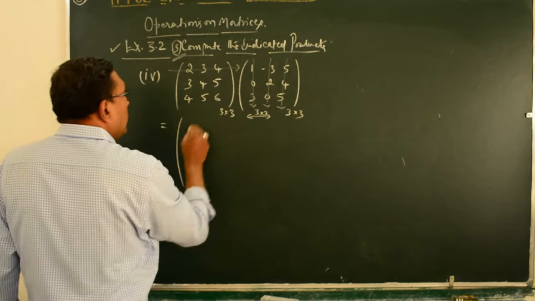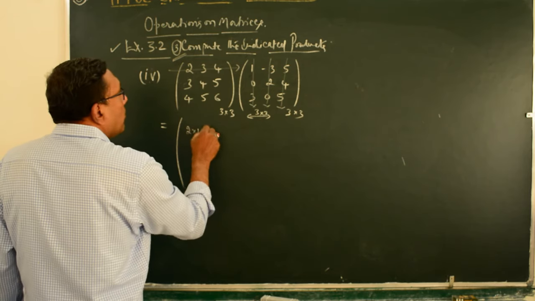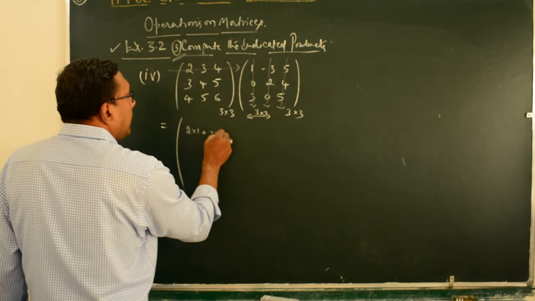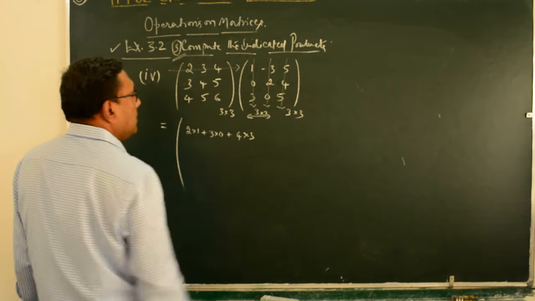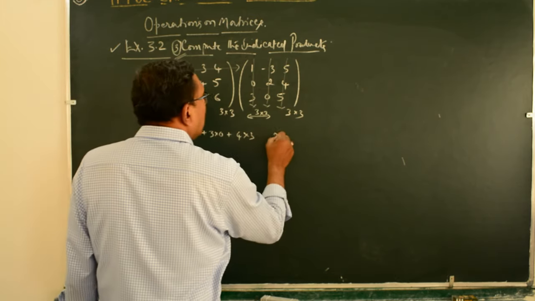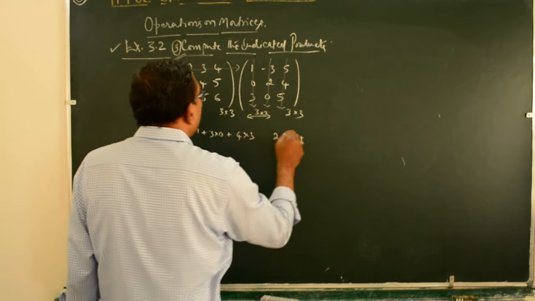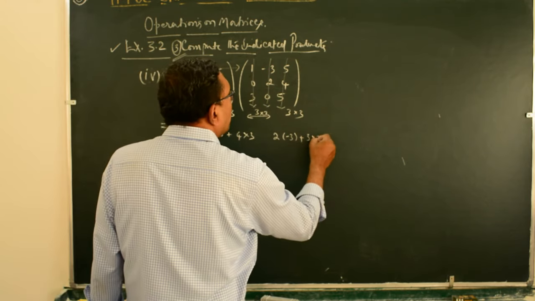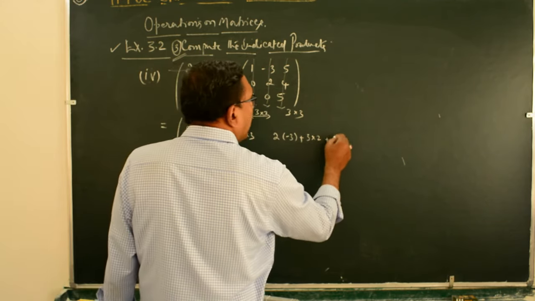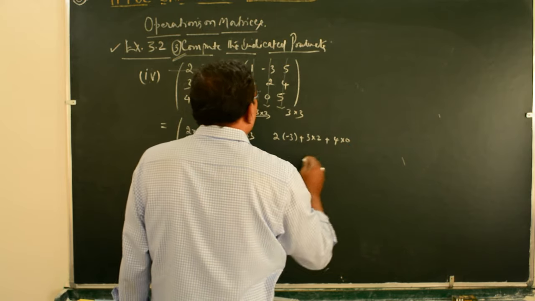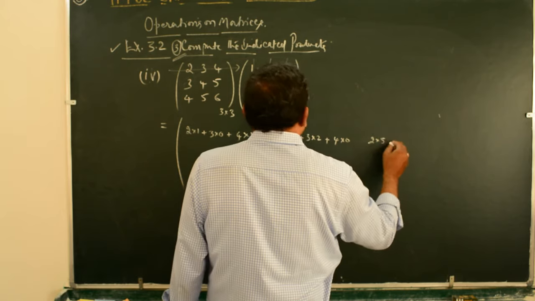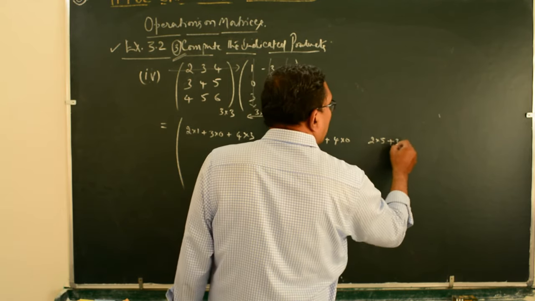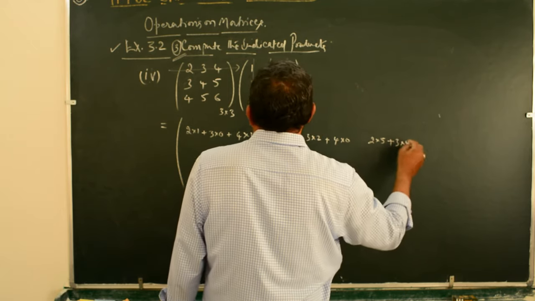2 into 1 plus 3 into 0 plus 4 into 3. Next 2 into minus 3 plus 3 into 2 plus 4 into 0. And the third one 2 into 5 plus 3 into 4 plus 4 into 5.